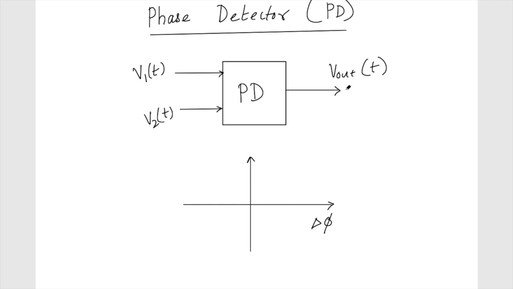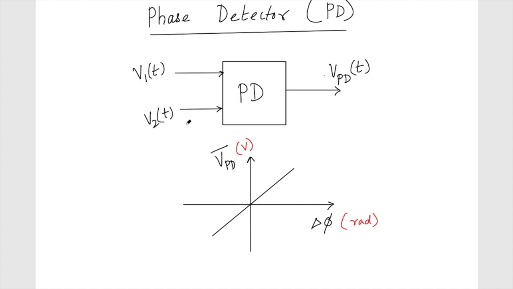Let's call the output of the PD V_PD instead of just V out. The average value of this output is what I'm supposed to get, something like this. The x-axis here is in radians and the y-axis is in volts. So it will spit out a voltage if there is a delta phi difference between the phases of V1 and V2.